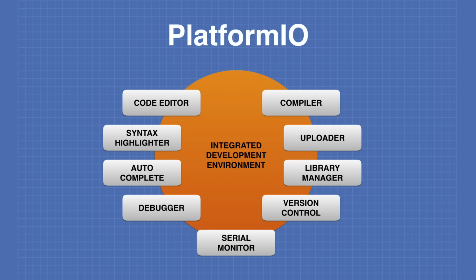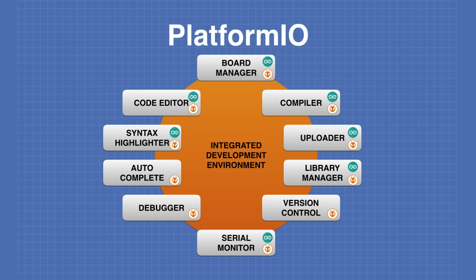When working with microcontrollers, a serial monitor is a very handy feature to have. Another handy feature when working with microcontrollers is a board manager. This allows you to work with several different types of microcontrollers instead of just one. Now, the Arduino IDE has many of these functions built in. PlatformIO has all of these functions.